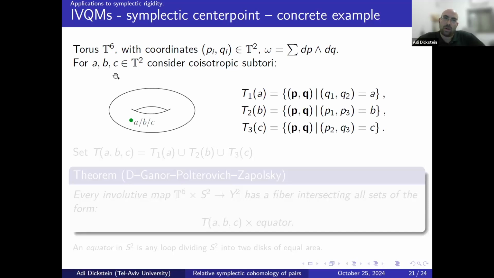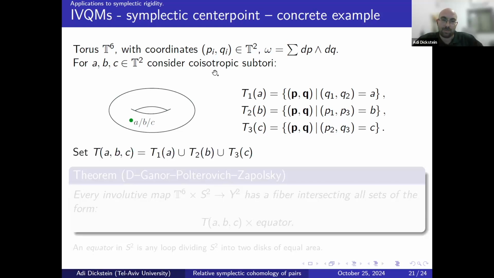We consider A, B, and C from T^2, and we define T1 of A to be the set of all the points with p1, q2 equals A. T2 of B will be the set of all the points with p1, p3 equals B, and T3 of C will be the set of all the points with p2, q3 equals C.